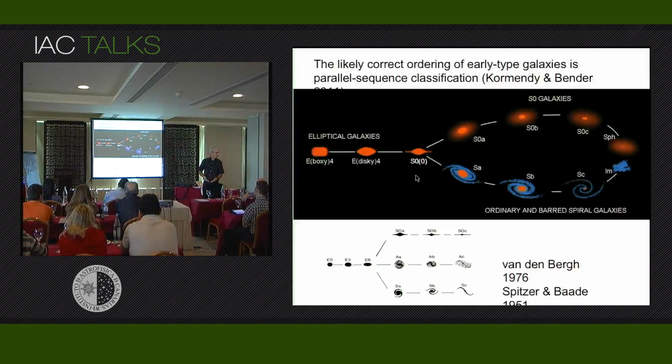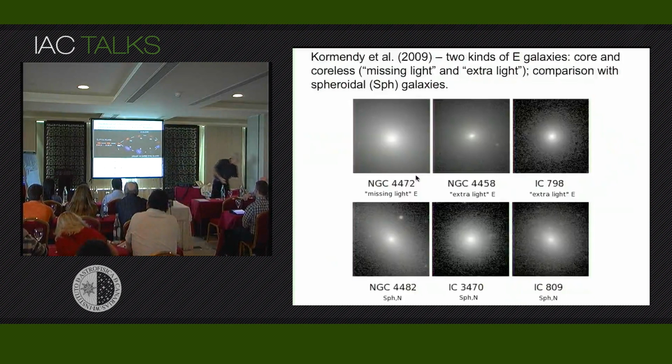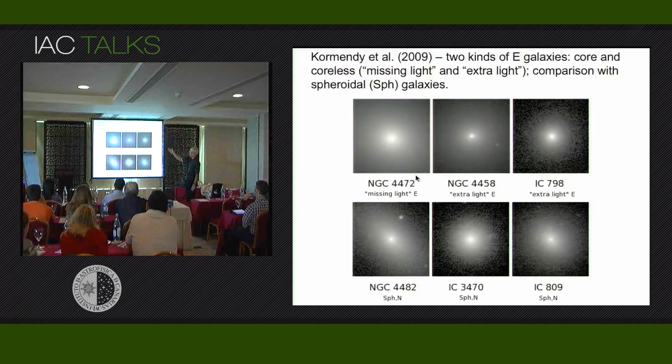And there's van den Bergh's original suggestion with the anemic spirals between the stripped S0s and the spirals. But I should say, this is interpretive classification. You're not supposed to impose a whiff of theory on galaxy morphology, but that van den Bergh scheme there is imposing the idea that spirals can be stripped and modified to become S0s, with anemics, the A's, being partially stripped, partially gas-depleted galaxies. So there's a little bit of interpretive galaxy morphology in this, but it's okay.